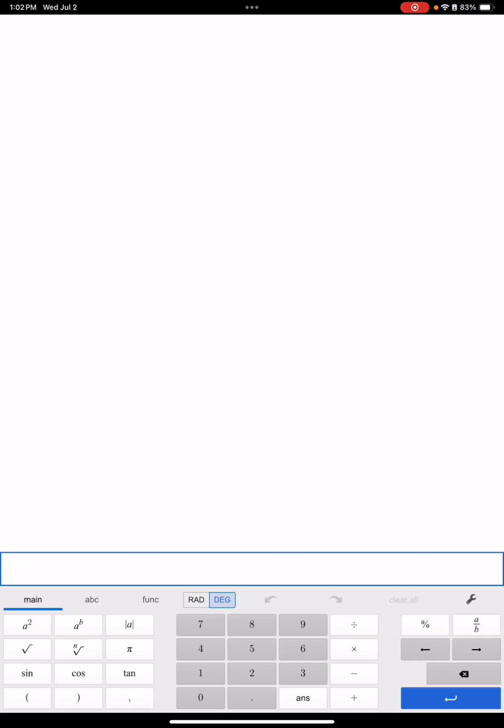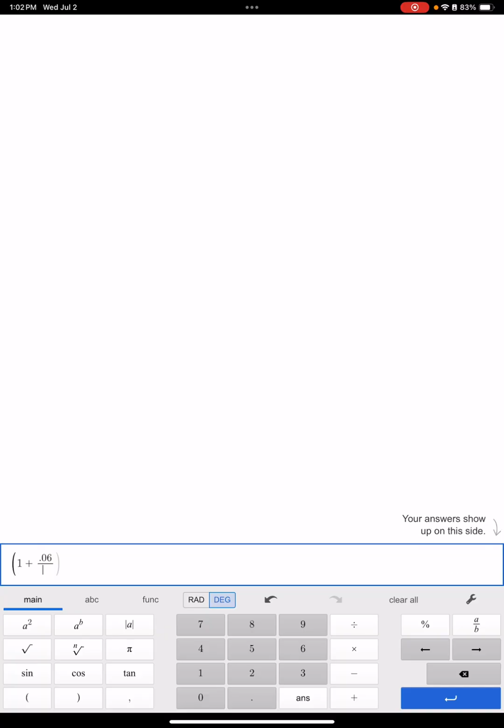Okay. The best way to do this problem is to open Desmos and do 1 plus 0.06 divided by 12. It doesn't matter if you have that 0 in front of the decimal or not. And then raise to the, what you need to do here is put parentheses 12 times 10.